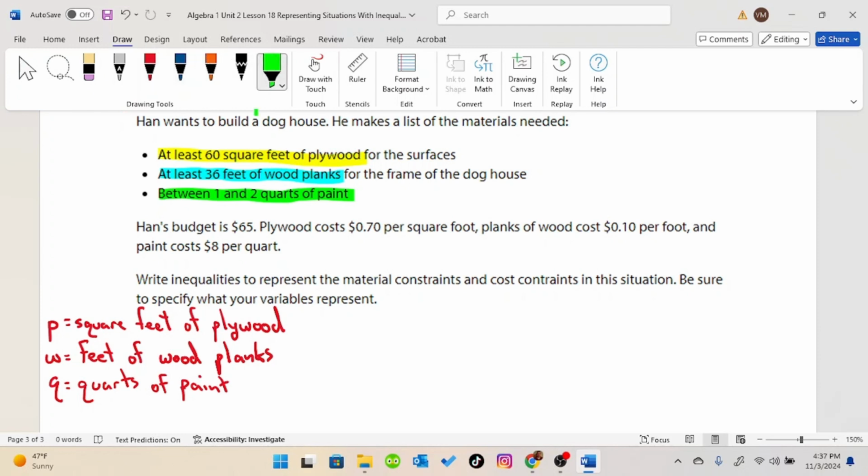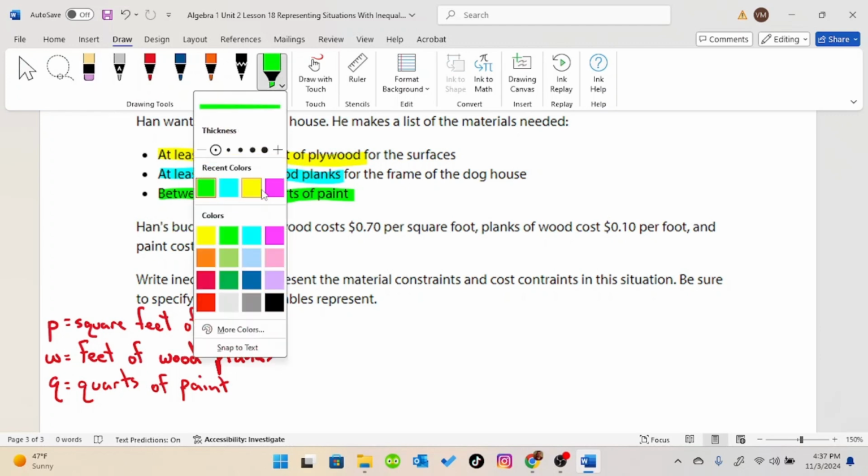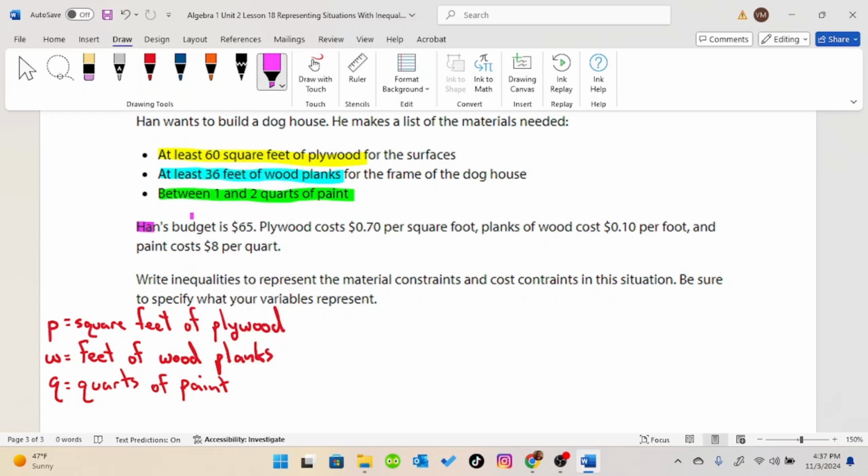And the last variable we'll need is Han's budget being $65. I'm going to use B to represent budget.